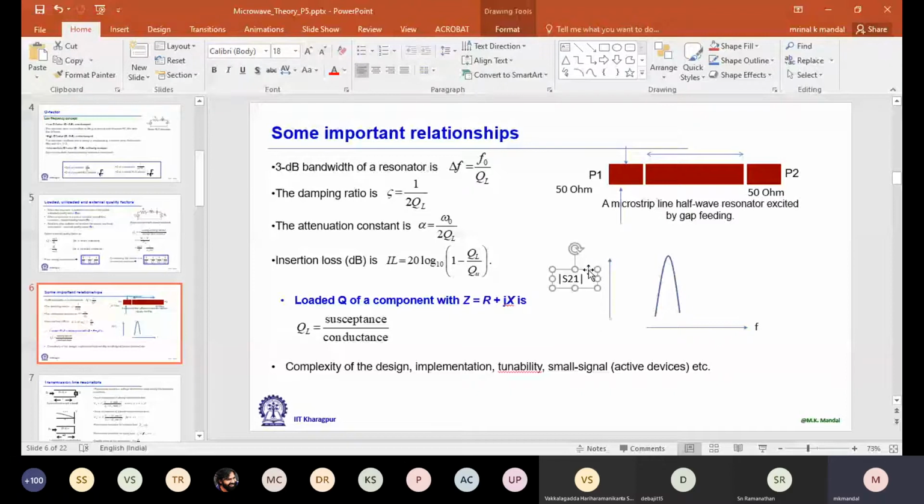Magnitude of S21. Then at some point it peaks. Now the maximum possible value is 1, so it may not be 1. That depends on the coupling, how it is coupled to your feed line. The left and right lines we call feed lines. They are used to excite the resonator.